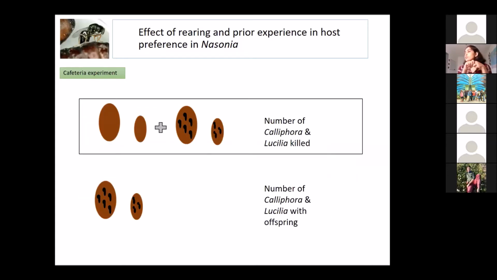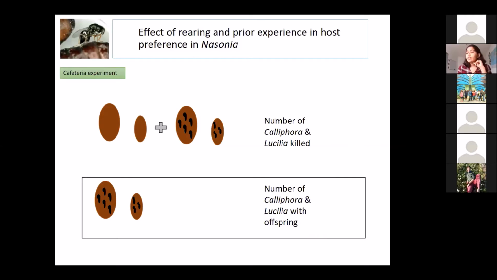I calculate two different types of preference indexes based on two different scorings. The first is the number of Calliphora and Lucilia killed, regardless of presence or absence of Nasonia offspring. The second is based on the number of Calliphora and Lucilia with Nasonia offspring.